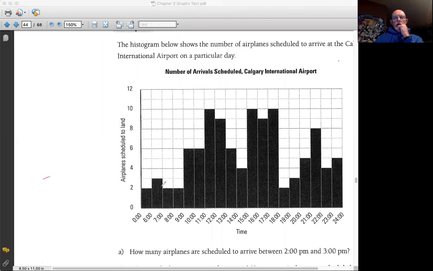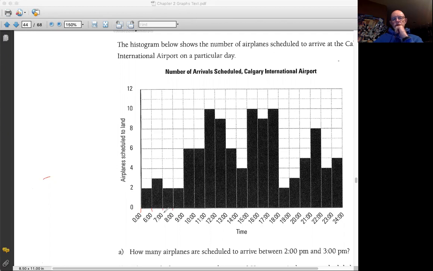Do you see this 0, 0? First of all, this is what we call military time or international time. This 0, 0 is right at that edge there, and this 6 is not in the middle. It's at that line. 7 is at that line, and so on and so on.